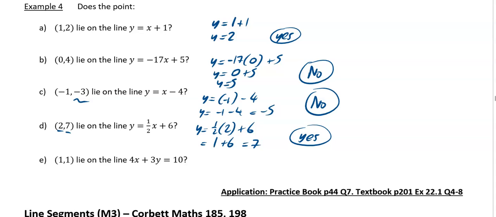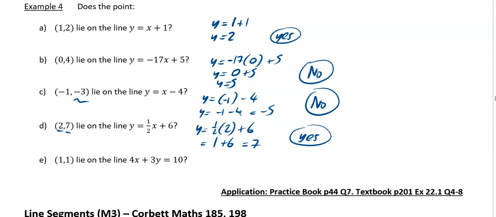Okay, our last example of this type is a wee bit different. You've got the point 1, 1, and does the point 1, 1 lie on the line 4x plus 3y is equal to 10? In this case, your x value is 1 and your y value is 1 as well, and you want to put them both in at the same time.